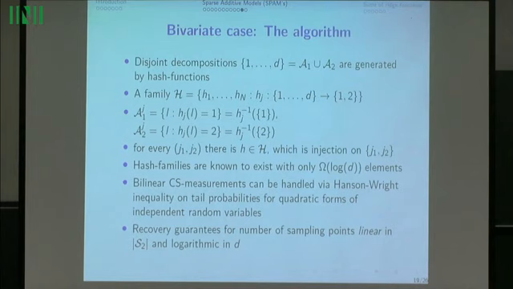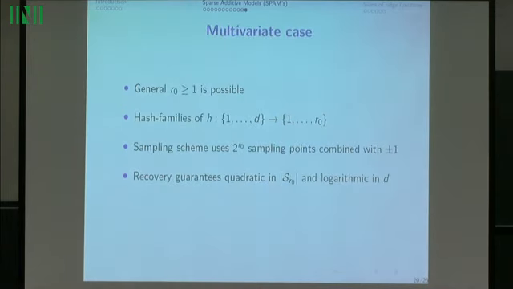Well, a pretty tricky part, and then you combine again, you just measure for every point and so on. What is good is that the number of measurements grows linearly in the size of the index set and logarithmically in D. I don't give the details on that, but it's doable to generalize to R bigger than 2.